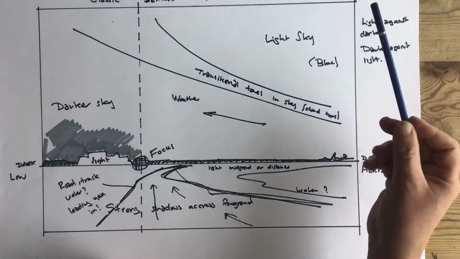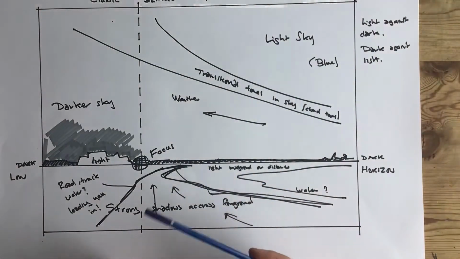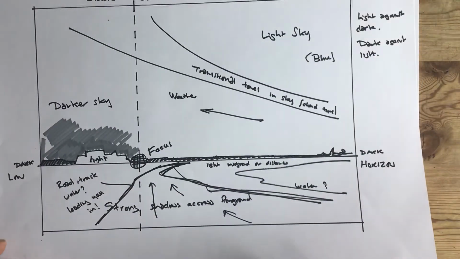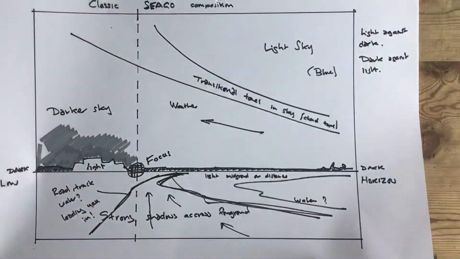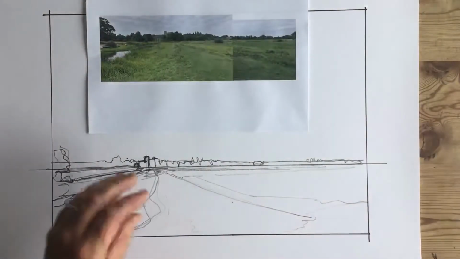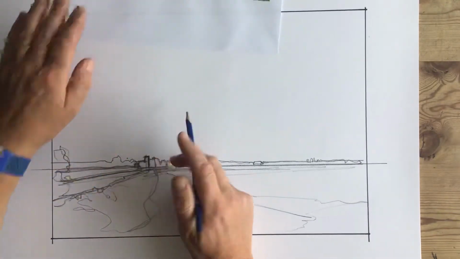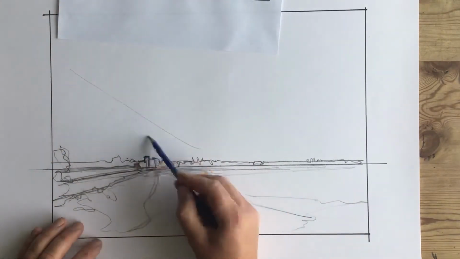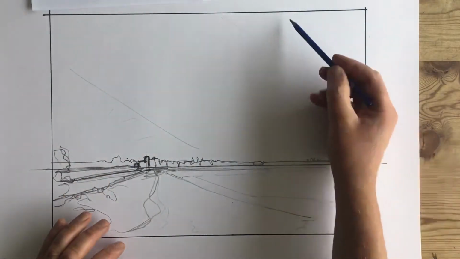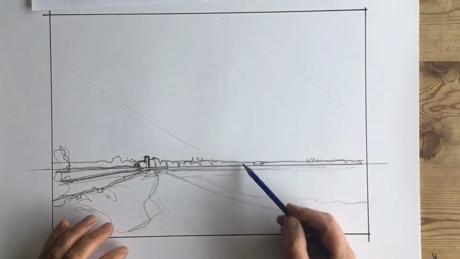It goes back to the picture of the marsh gate where he had his sails against the dark sky. We apply that principle to our drawing, our sketch. We want to make sure this area will probably be the darkest and this area will be the lightest, with things happening in between.